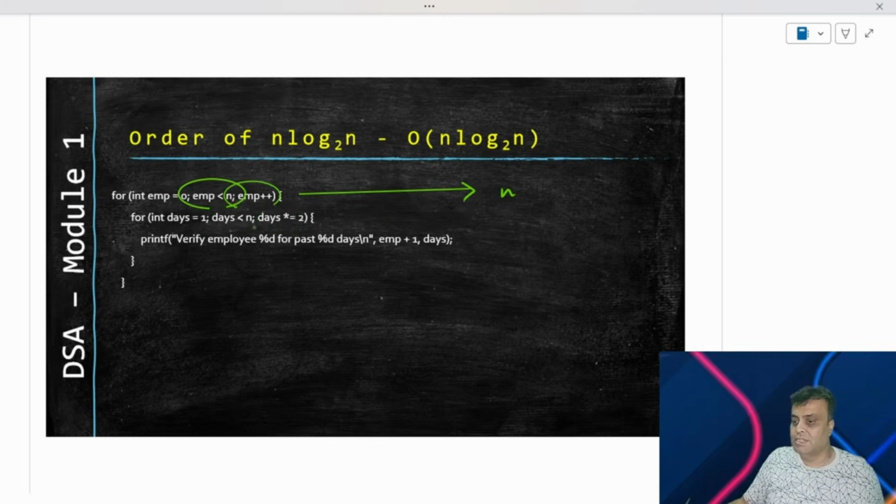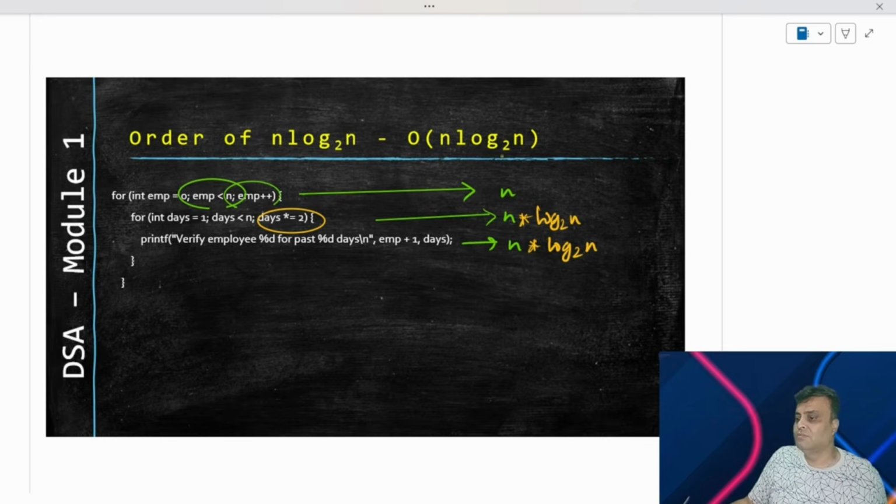Let us say that this first line executes for n times, hence all the inner lines will execute for n times. Now this is also a loop, and this loop has day star equal to 2, which means this loop will take log base 2 of n times. Everything inside that loop will also get completed in log base 2 of n times.